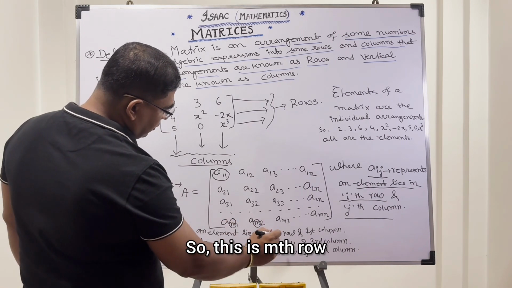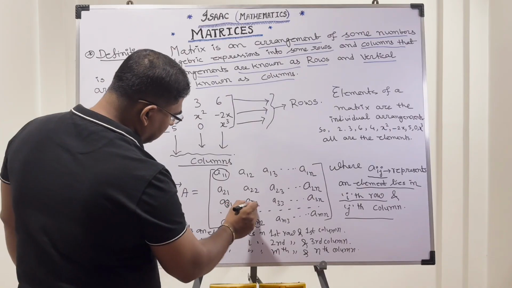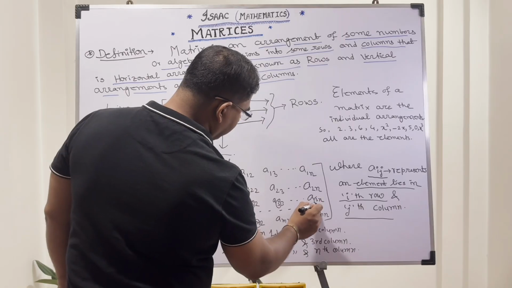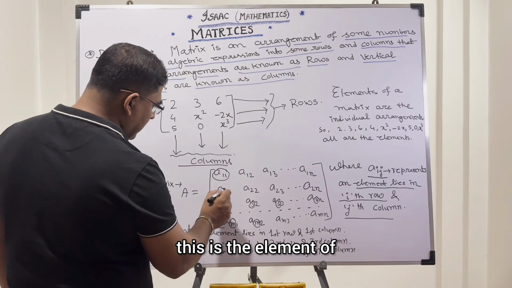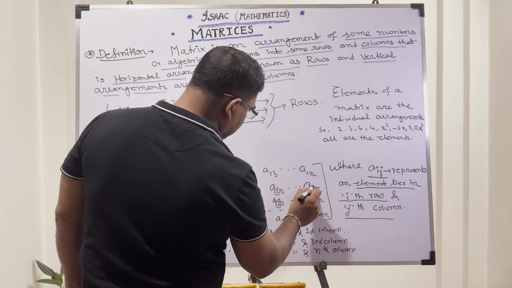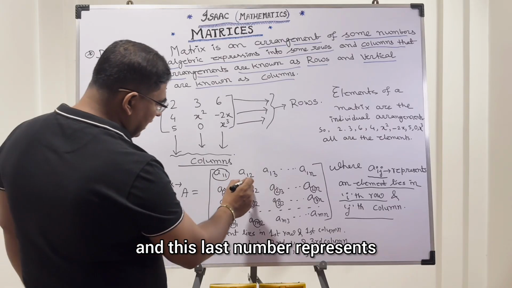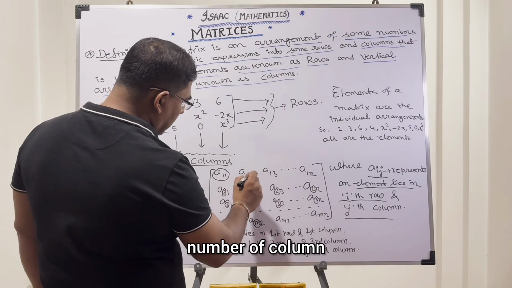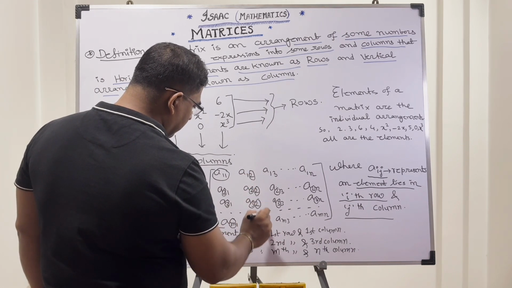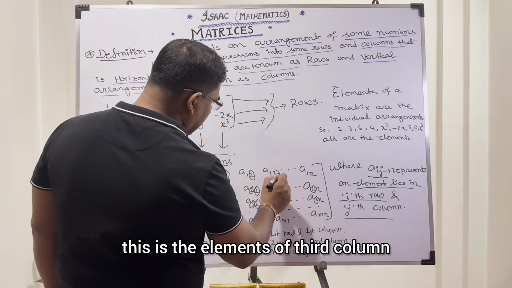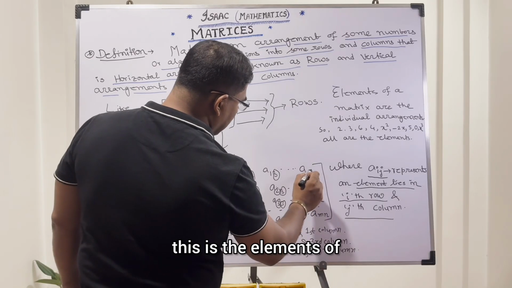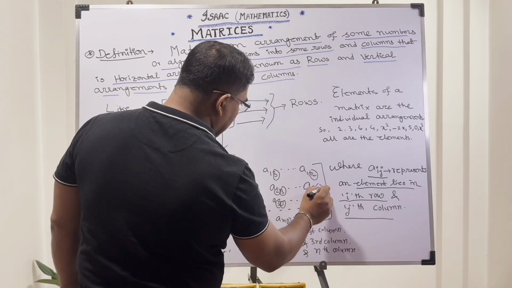So this is the mth row, these are the elements of the third row, these are the elements of the second row, and this last number represents the number of the column. These are the elements of the second column, these are the elements of the third column, these are the elements of the nth column.